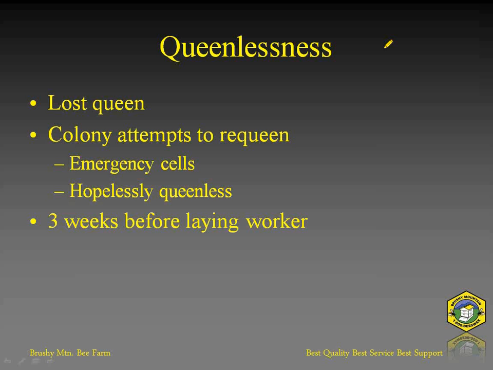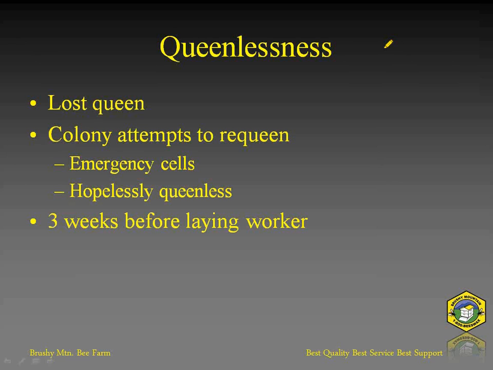Emergency cells are on the face of the frame, basically because they've lost their queen rather unexpectedly, and now they're taking any appropriate aged larva, a larva that's between 1 and 3 days old, and trying to raise out a new queen.